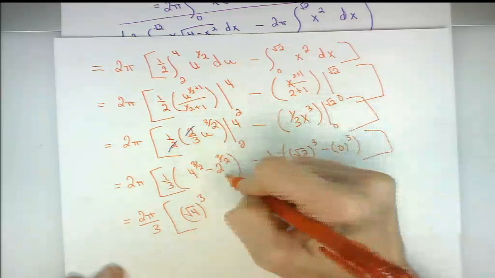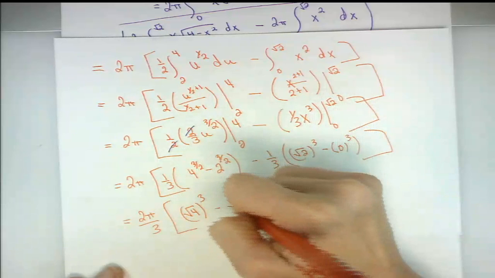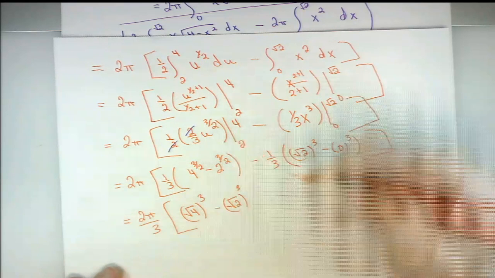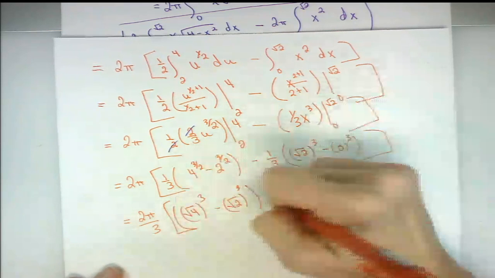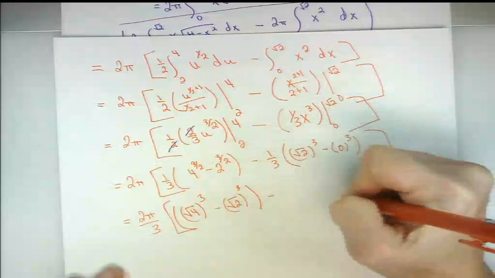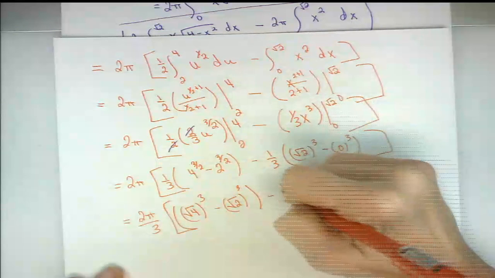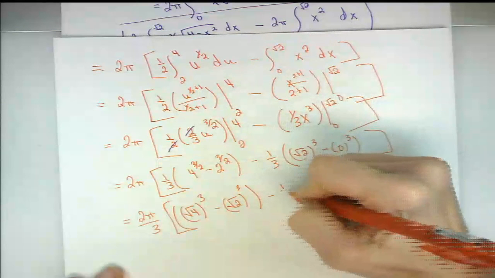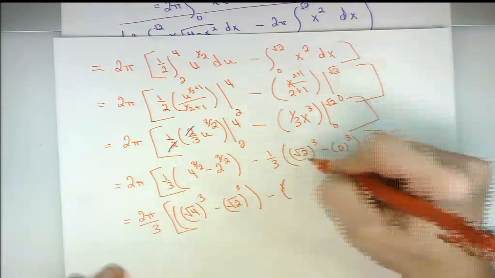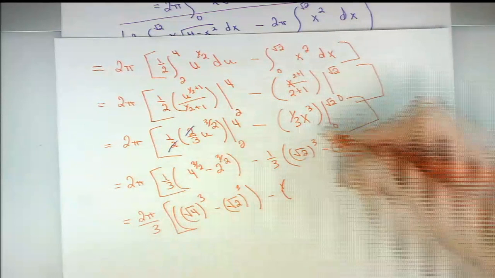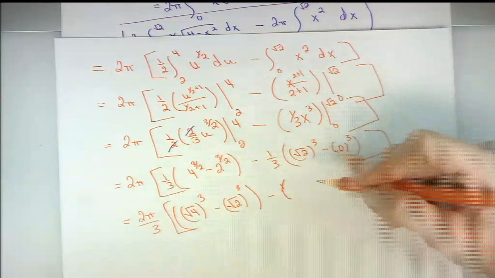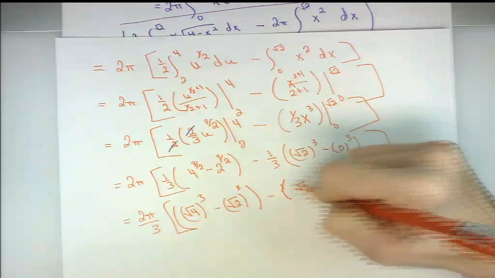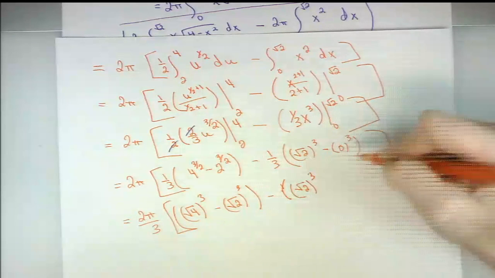And then 2 to the 3/2 power here, this is minus, so I'll just write that down. Minus 0.